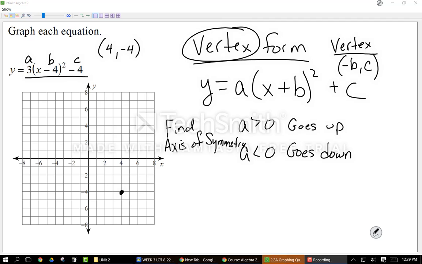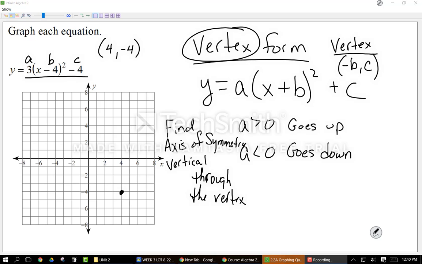What the axis of symmetry is, it is basically a vertical line through the vertex that tells us that the graph is split in half. So if I find some points to the right of that line, graph them, then I can reflect it over, and that would be the points on the other side of that line. So that's what would give me my shape of my graph.